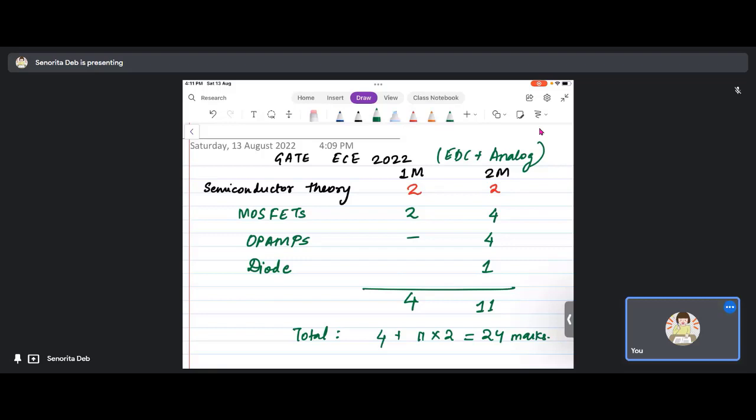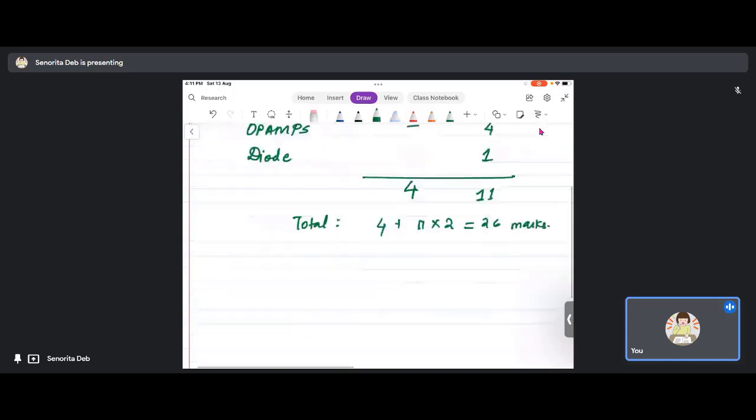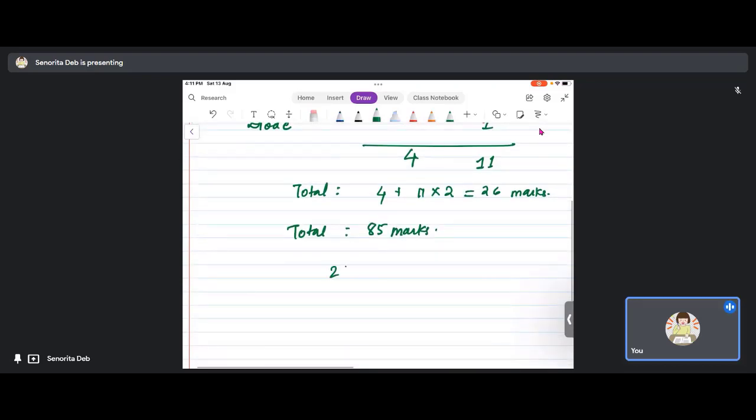It is making a total of 26 marks, right? Now your technical paper total is 85 marks, and the percentage of EDC and analog stands at around 30.58%.